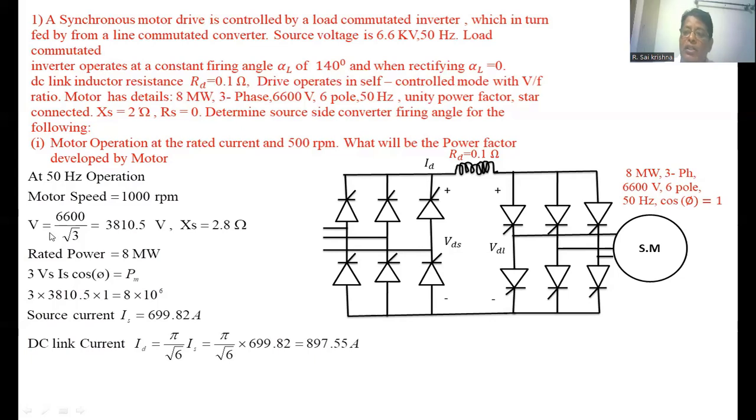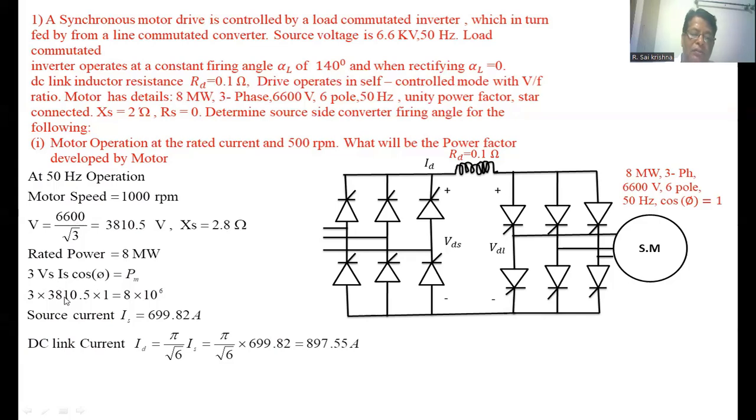Now the per phase voltage is equal to 6600 by root 3, which gives 3810.5 volts. Synchronous reactance is given in the numerical. The rated power of the motor is given as 8 megawatt. Mechanical power developed in the synchronous motor equals 3 Vs Is cos phi.